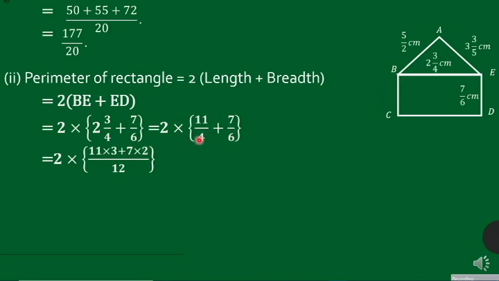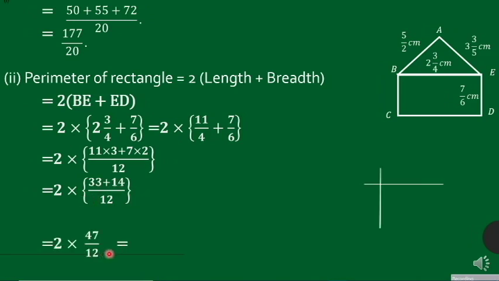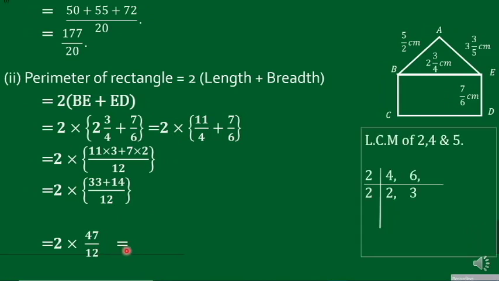And if you divide 12 by 6, you will get 2. Multiply this, you will get 2 multiply 33 plus 14 upon 12, and finally you will get the answer 47 upon 6.